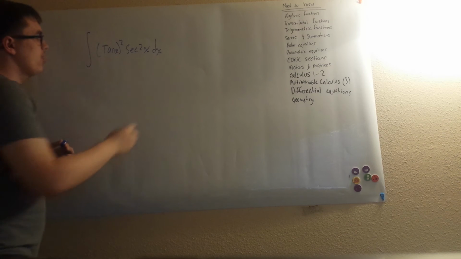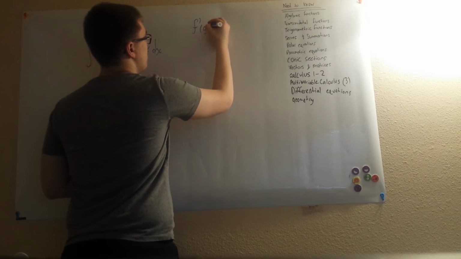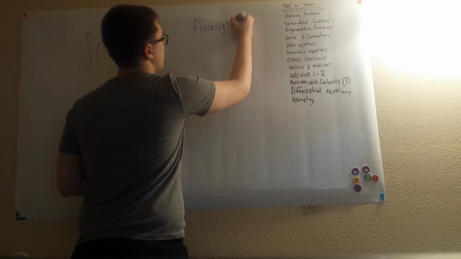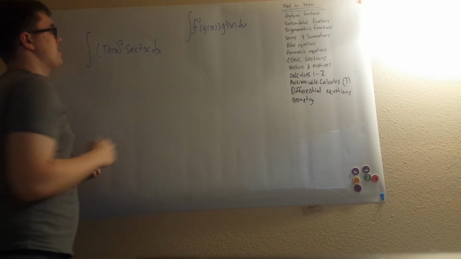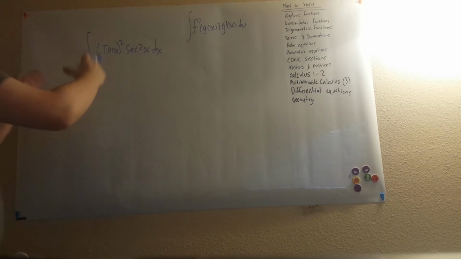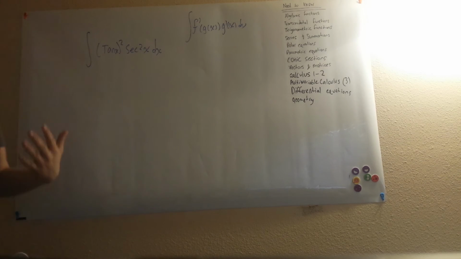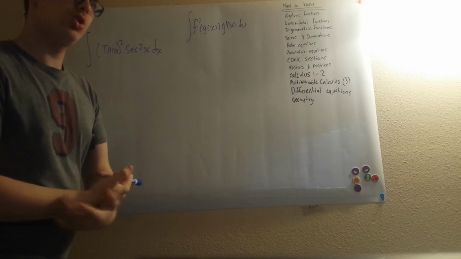Well, remember this form. Remember that we want to see this form. How do we see it? Well, it's the tangent of x, squared, or the u squared composition.